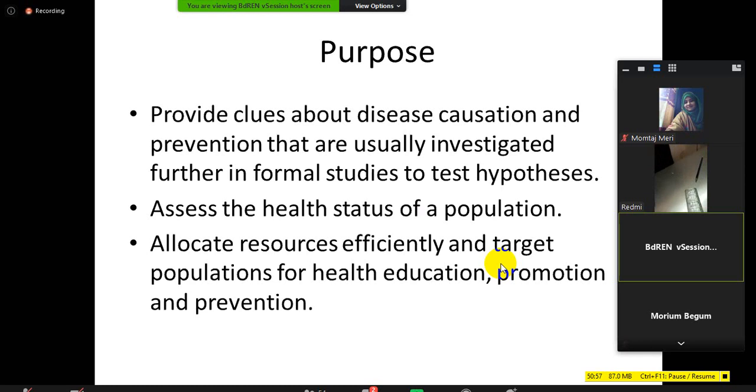So you are doing a study in a community where we have 1,000 families, and in every family there are, for example, 3 members, husband, wife, and a child whose age is less than 5. Just for understanding, we can speculate.